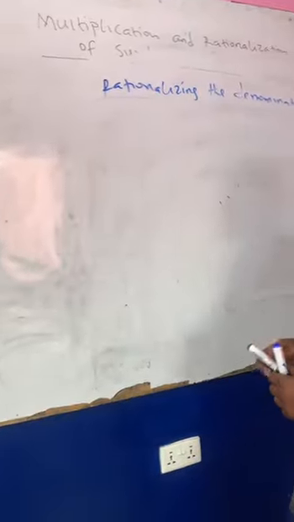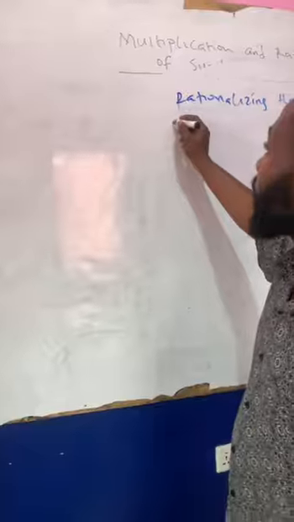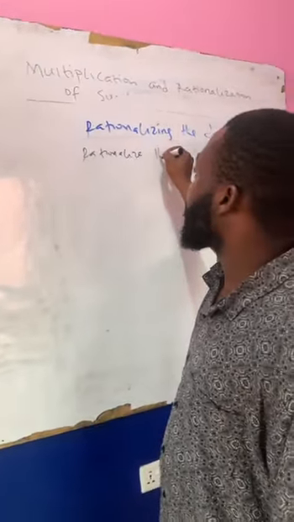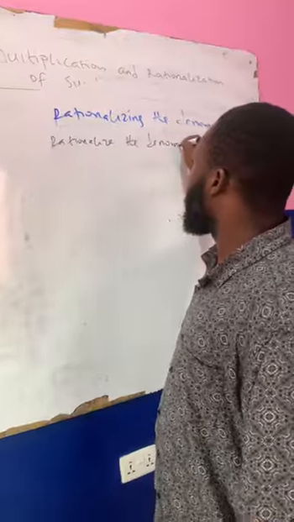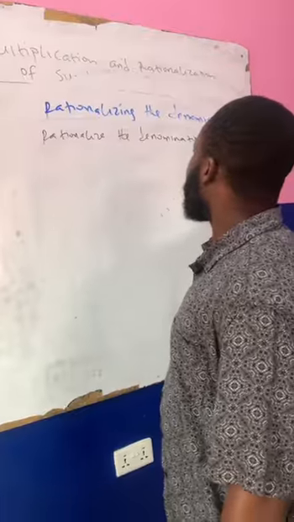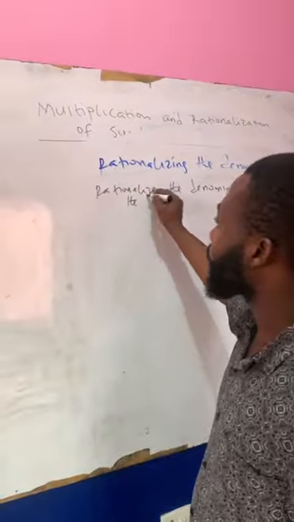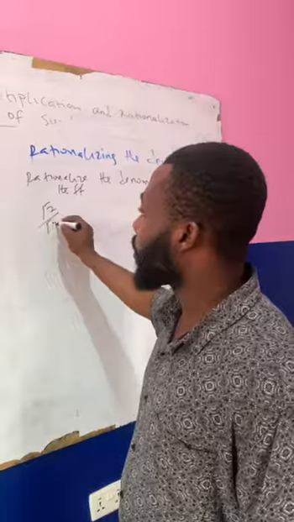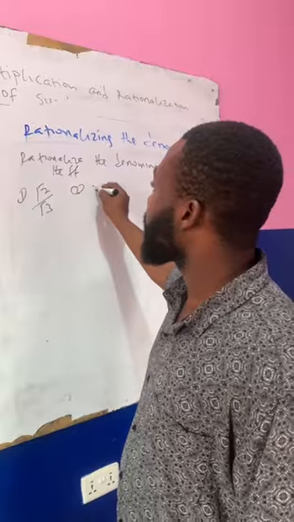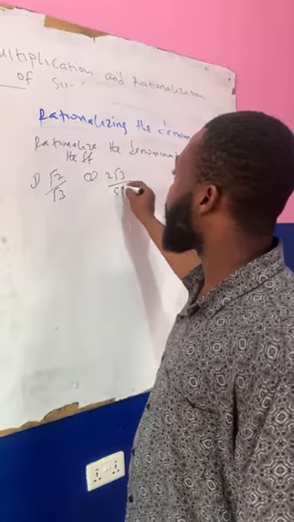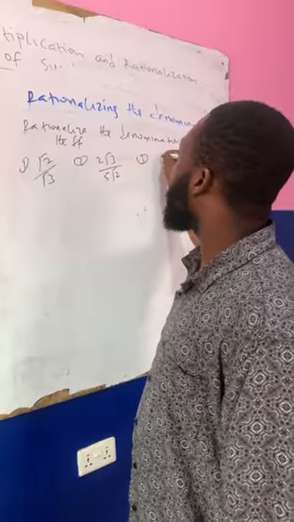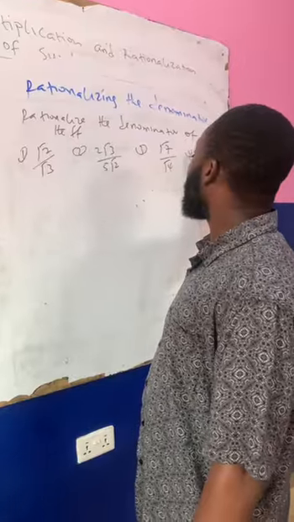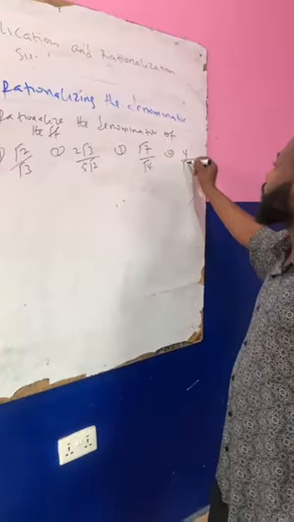So to rationalize the surd, for example, I want to rationalize the denominator of the following surds. So I have root 2 over root 3, 2 root 3 over 5 root 2, and then root 7 over root 4, and 4 over root 3.